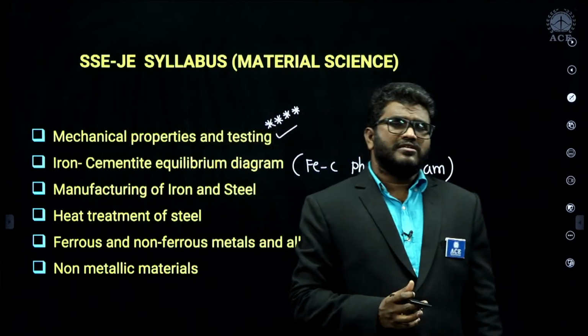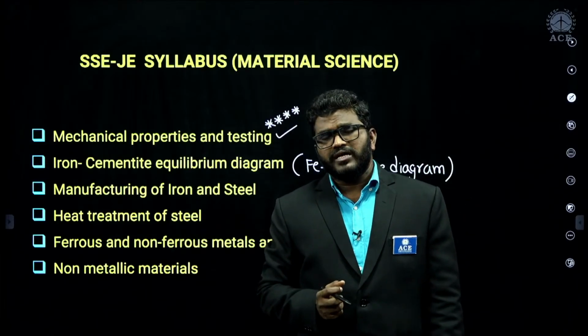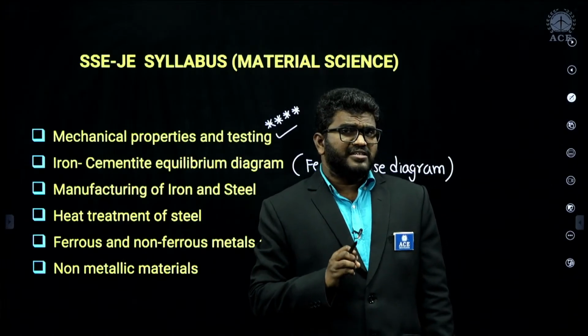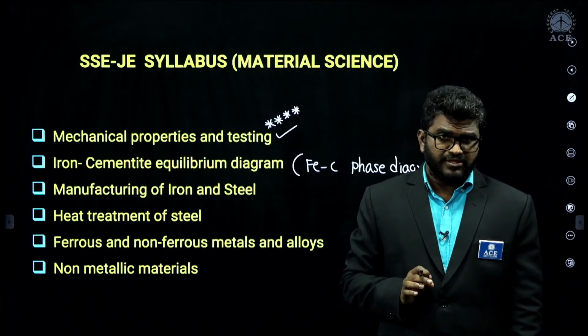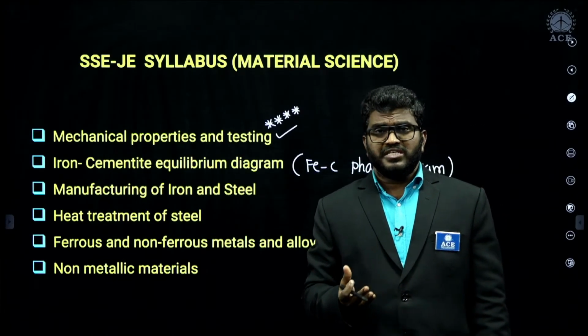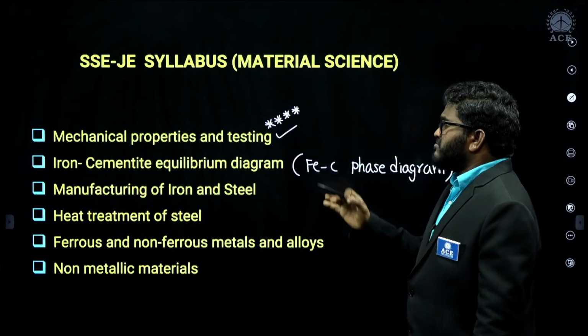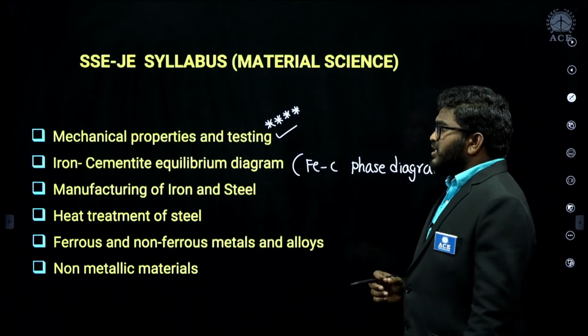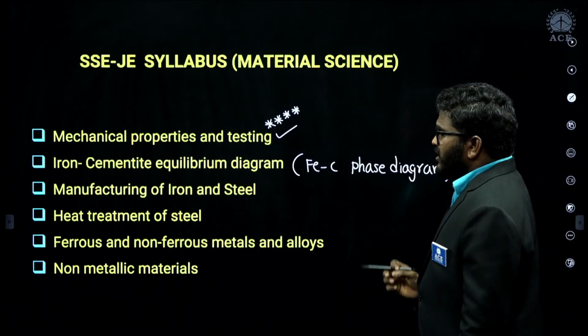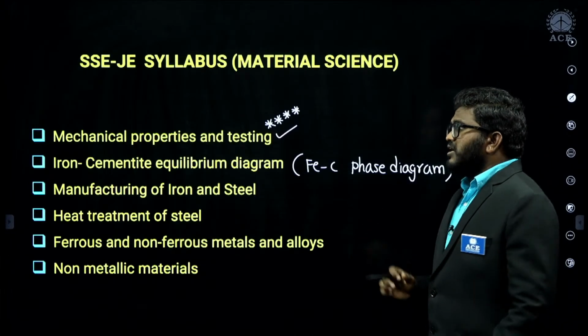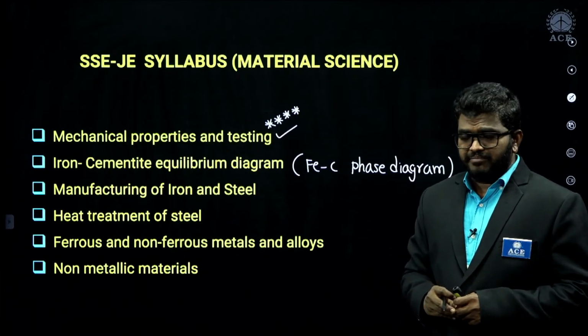Not only for this exam, in any competitive exam you take, from the iron cementite phase diagram they are asking a very good number of questions. Maybe 2 questions, sometimes 3 questions. Even including GATE, they are asking questions from the iron cementite phase diagram. So for your exam also, definitely they will ask you at least 2 questions from this iron cementite phase diagram.